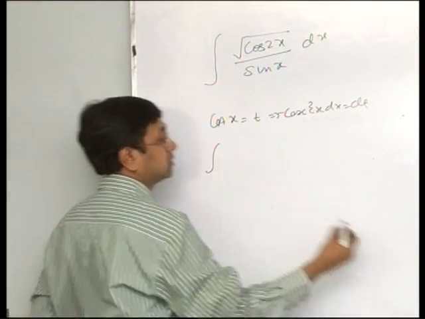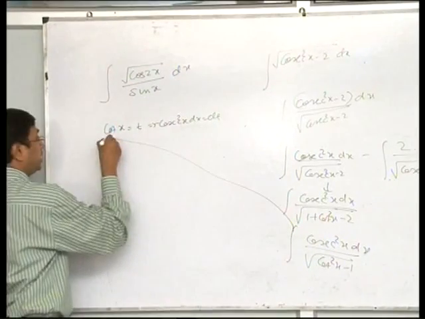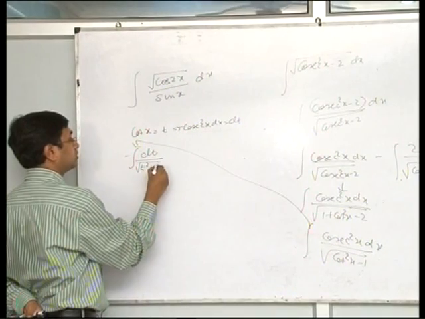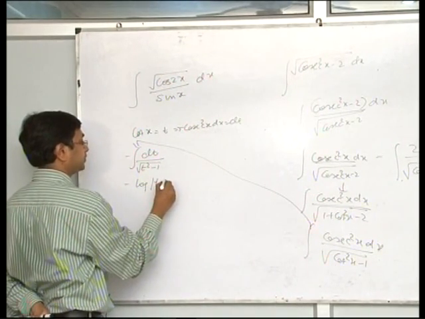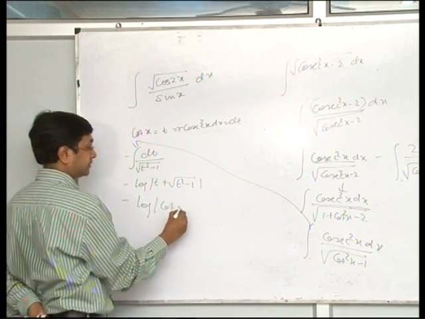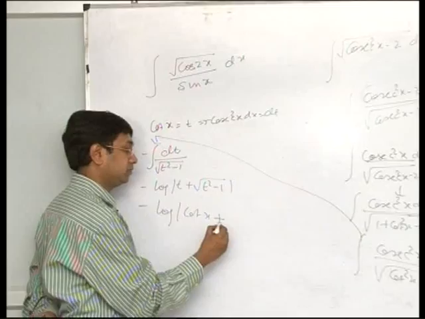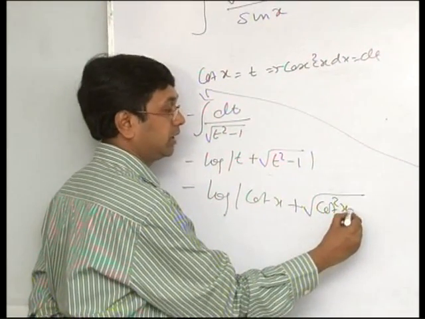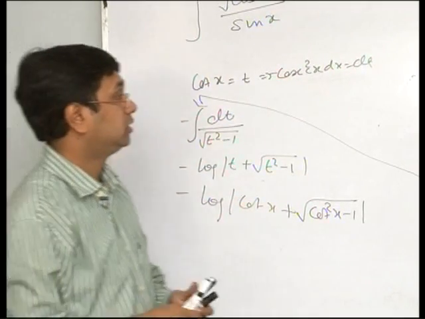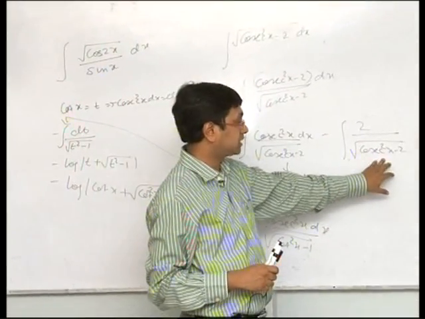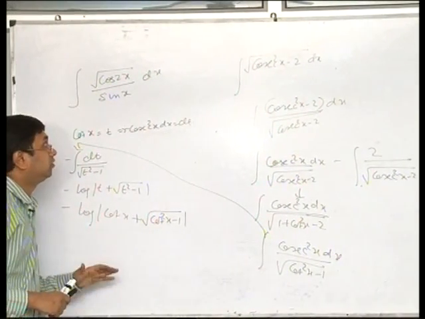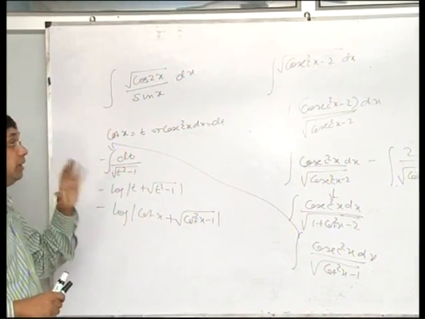So this particular problem becomes minus dt upon root of t square minus 1, and that is cot x plus under root cot square x minus 1, and plus c will be put together. This we integrated last time, where we got 2u square minus something, and then you can apply the form. So this is how this particular problem can be solved.